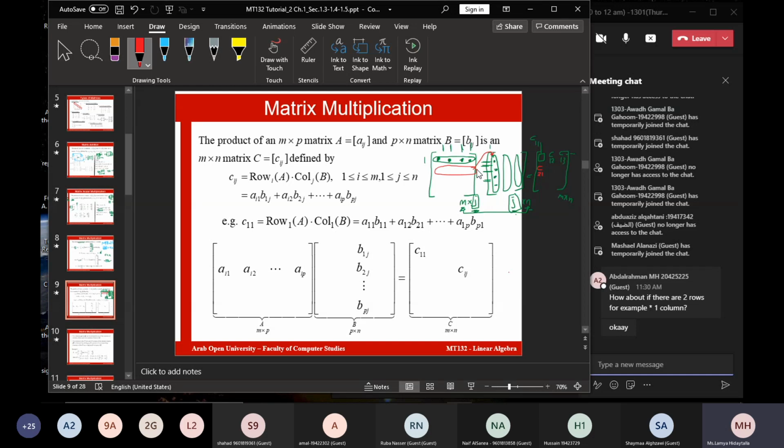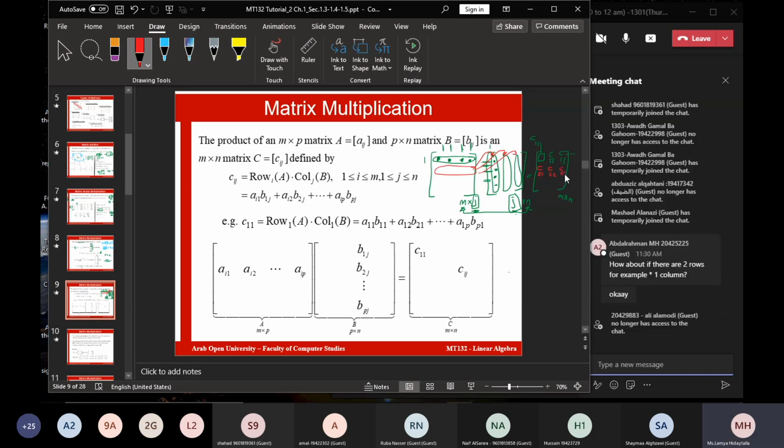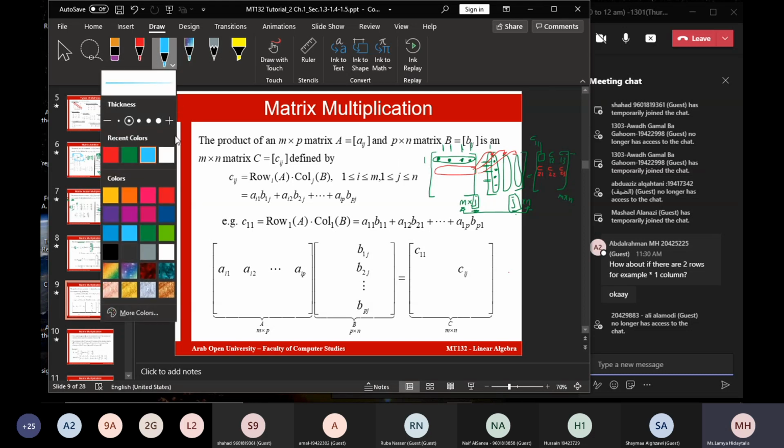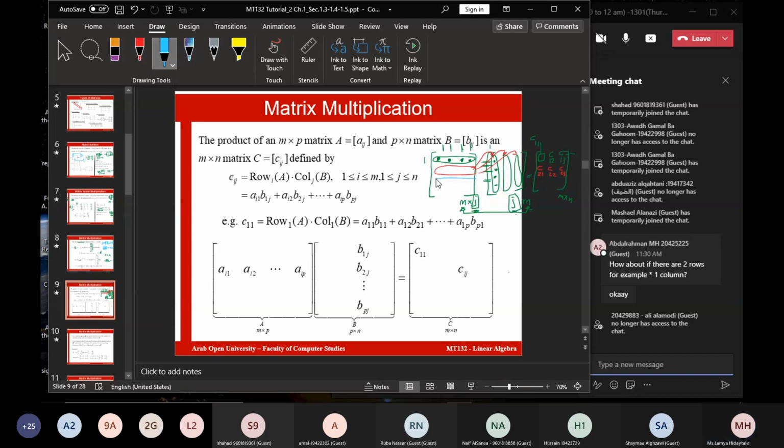And then you multiply times this one, and you get C22, and then C23, and you continue like that. And when you finish, you go to the next row and do the same. Multiply times the first, and then times the second, and then times the third. Okay, and then you get the values here.